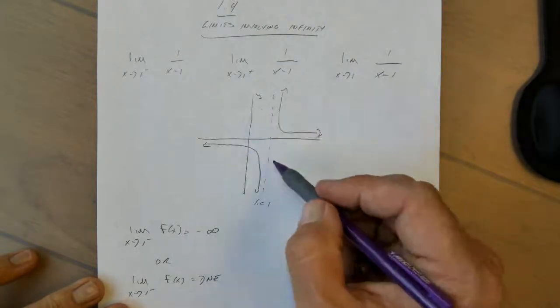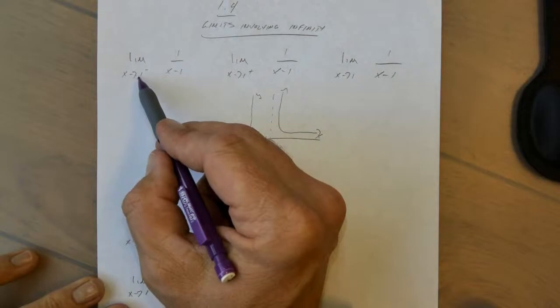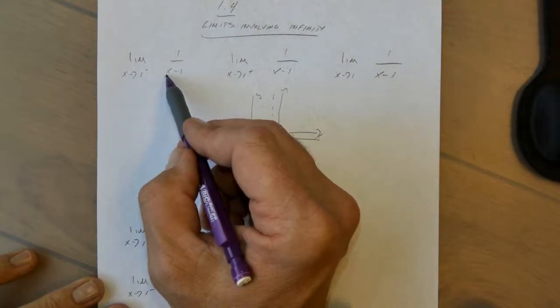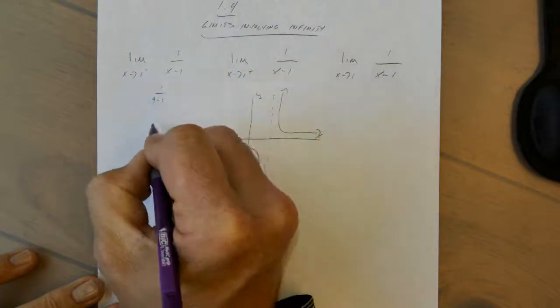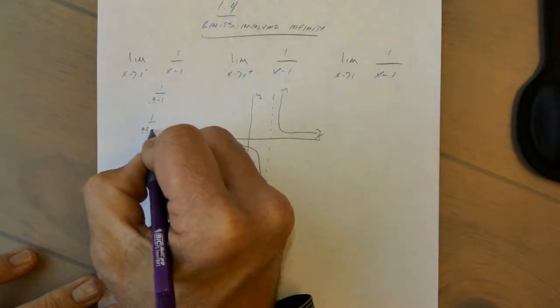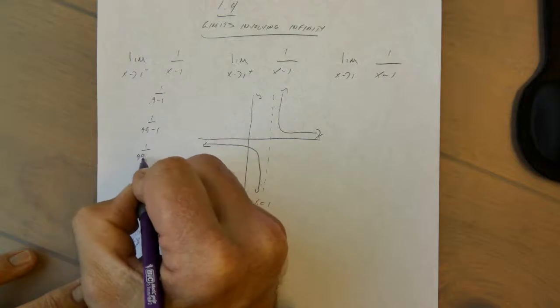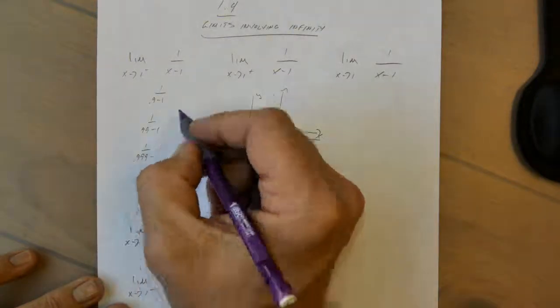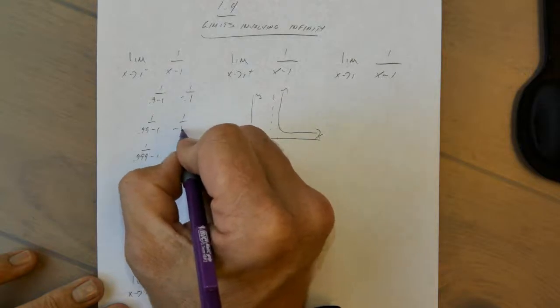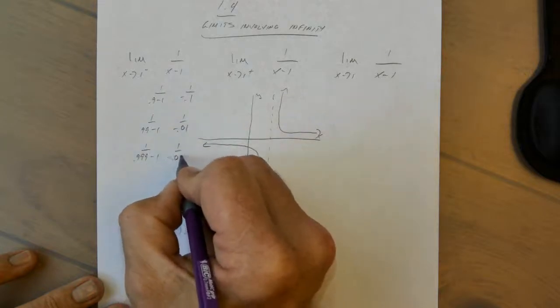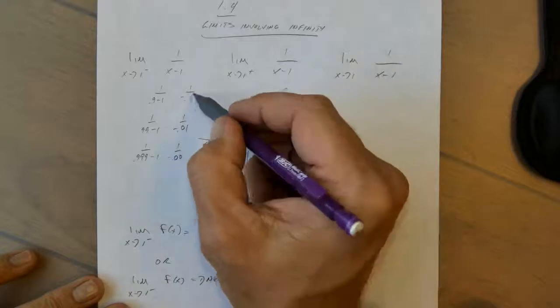Another way to look at this, other than graphically: we want to approach 1 from the left. So that means we're using numbers less than 1. So if we did 0.9 minus 1, 0.99 minus 1, 0.999 minus 1, you would see that this is 1 over negative 0.1, negative 0.01, negative 0.001.